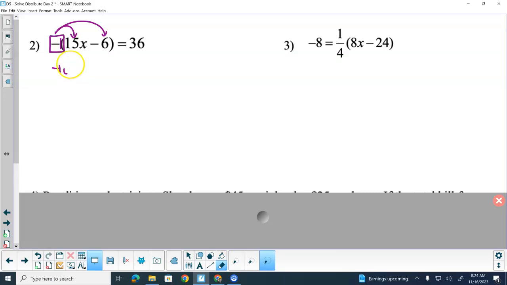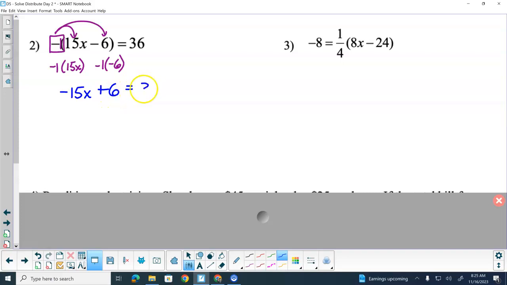We have -1 times 15x, and we have -1 times -6. Okay? So that's going to give us then -15x plus 6 equals 36.